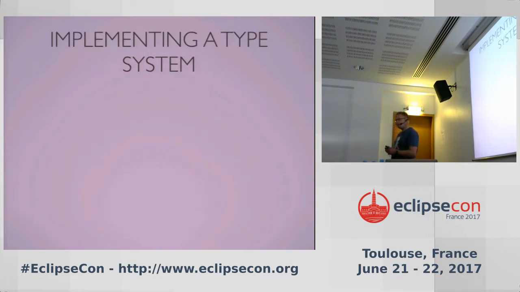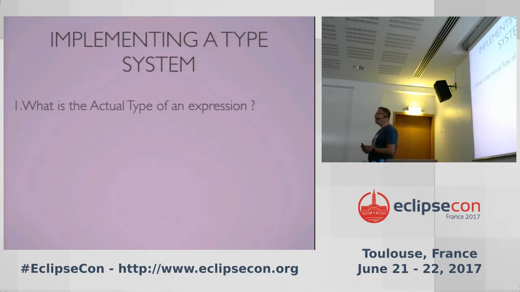Implementing a type system, I can boil down to answering 3 questions. For any expression, what is the type of that expression? It's easy for a literal, it's the literal type. But if you go to a multiplication or so, then it depends on the left and the right part of the expression.